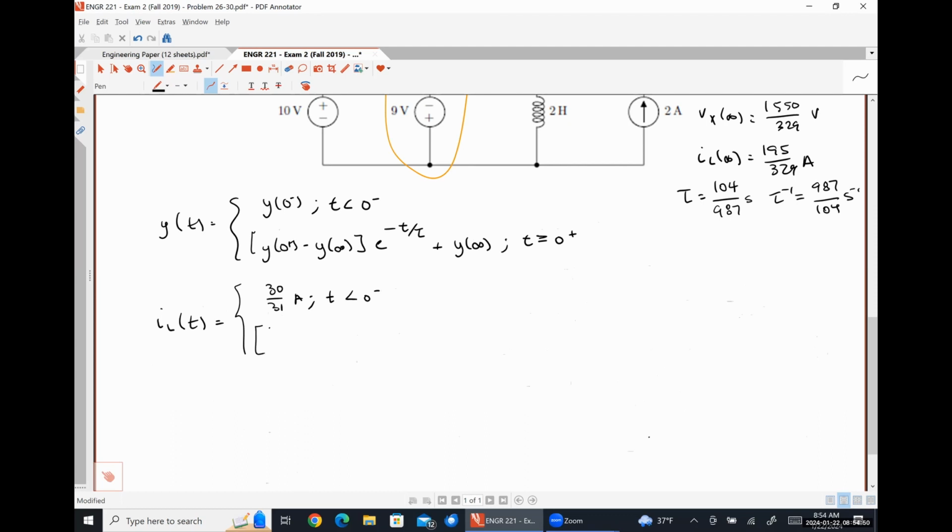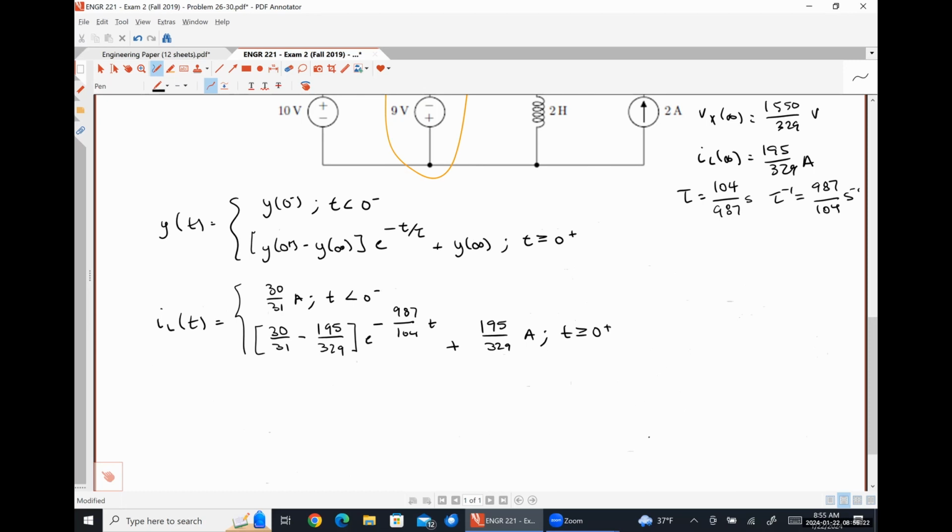Then we're going to have 30 over 31 minus 195 over 329 e to the negative 987 over 104 t, plus 195 over 329 amps for t greater than or equal to 0 plus.